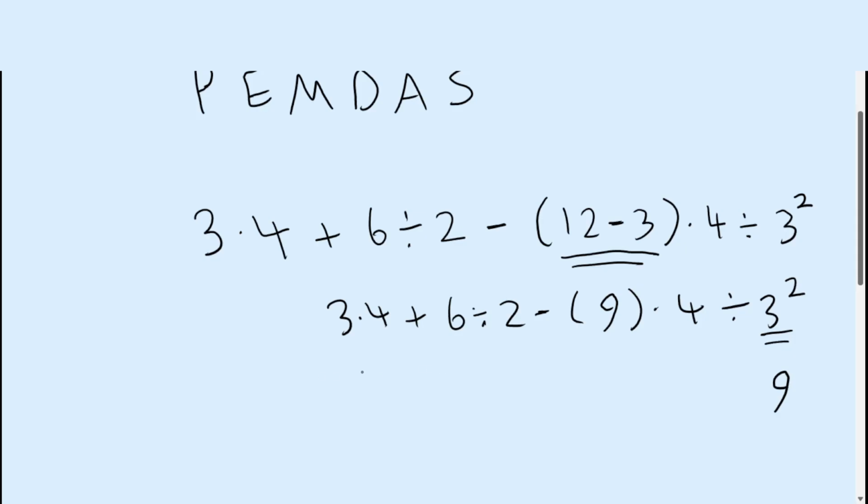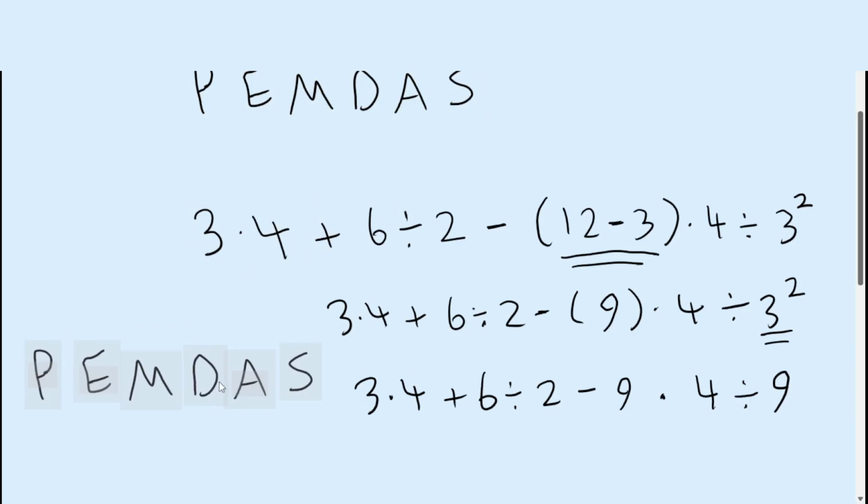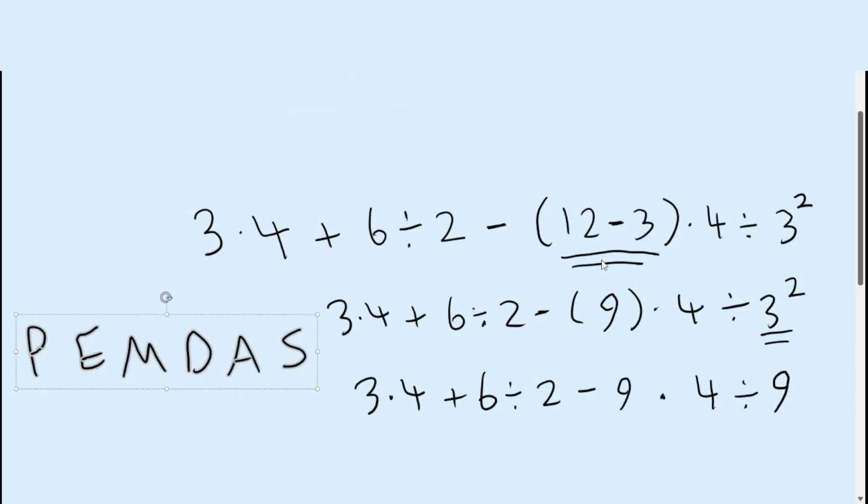And let's bring everything else down. 3 times 4 plus 6 divided by 2 minus 9 times 4 divided by 9. Perfect. So what's next in PEMDAS? And let me actually just bring it down right here so we can see.